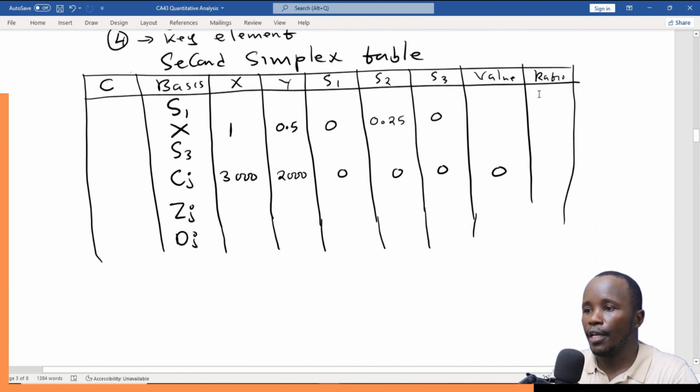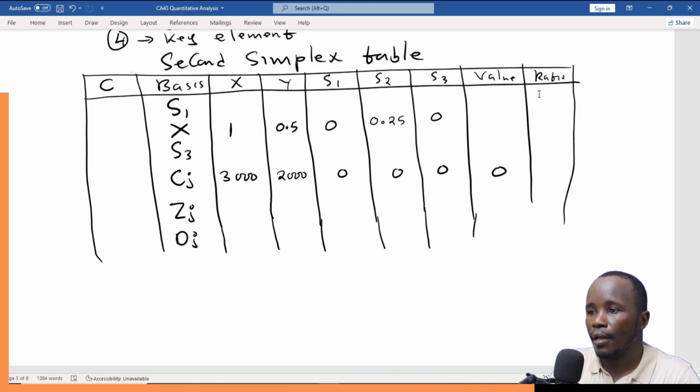So the values here, I'm going to bring them here. This is 50. This was 100, and this one is 80.